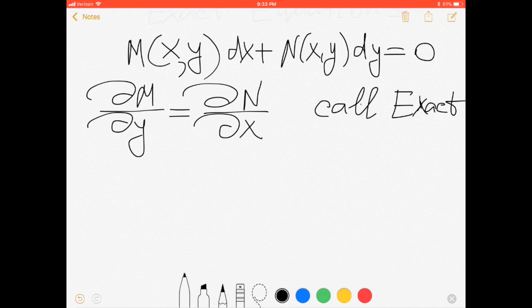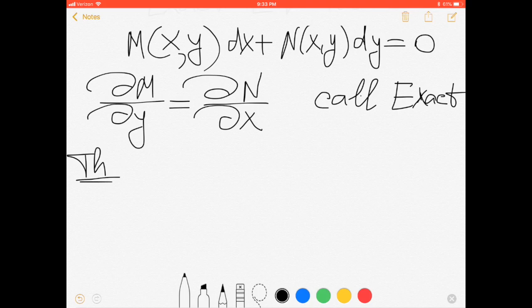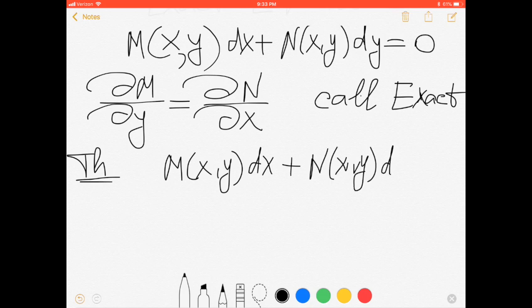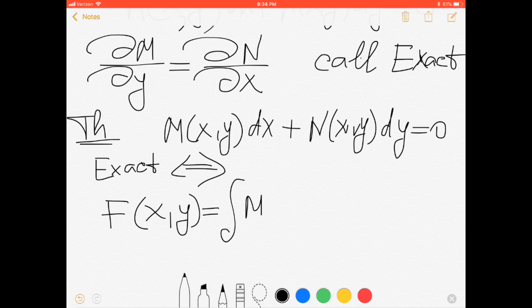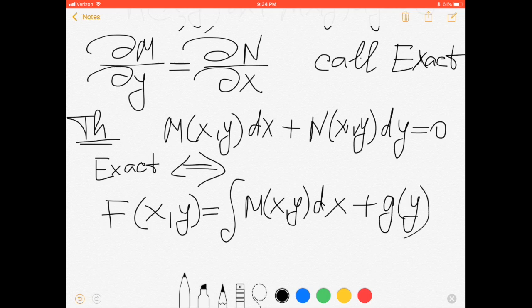And here we have a theorem. If you have an exact equation, if and only if there exists a function f depending on x and y which is equal to the integral of M(x,y) with respect to x plus some function g depending only on y.